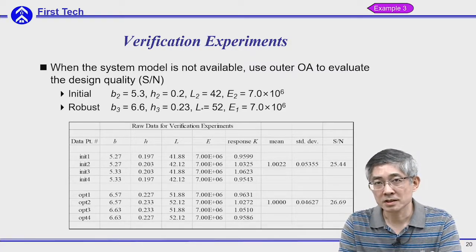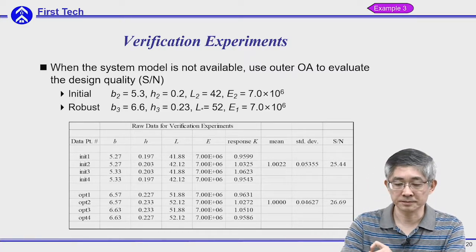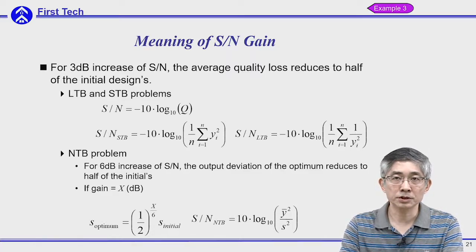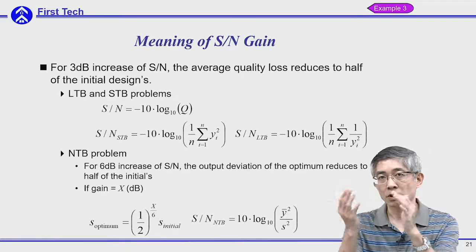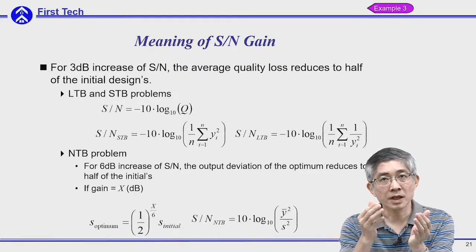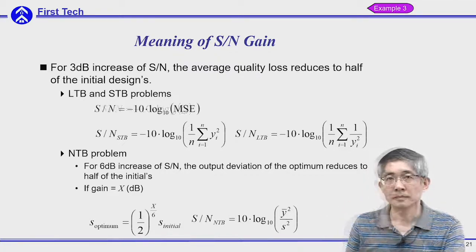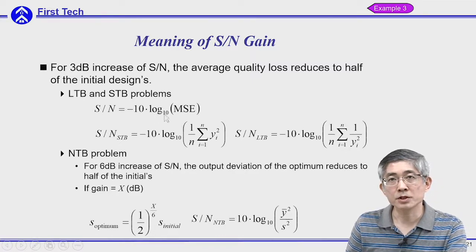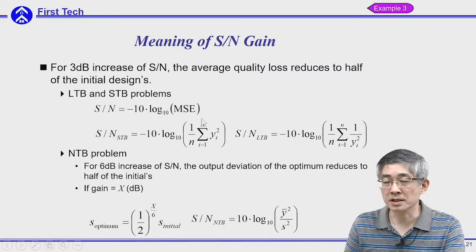However, what does this 1.25 improvement of SN mean? Let's refresh the definition of the SN ratio, which is a log transformation of the average quality loss. The SN can be represented by -10 times the log of MSE.